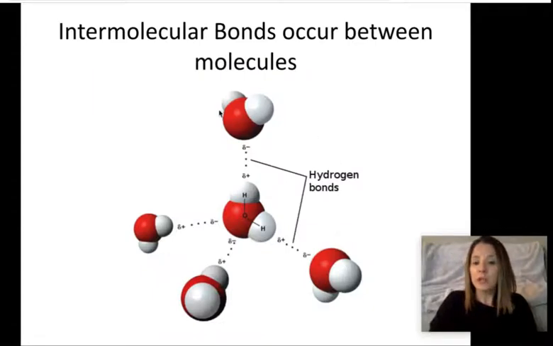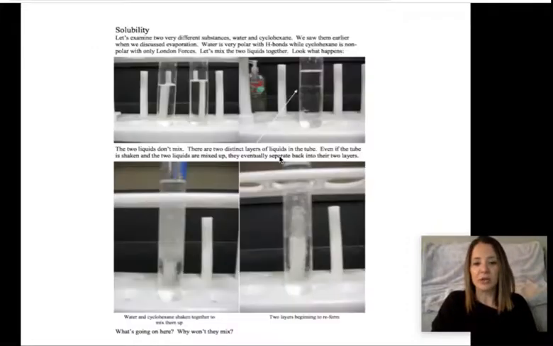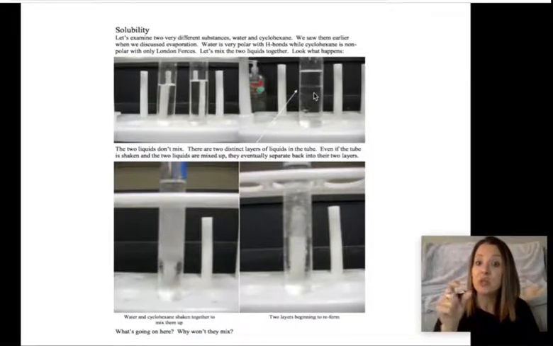So, water molecules are polar molecules, but if another water molecule is attracted to another water molecule or to a solute particle, the attraction between is called an intermolecular bond. When we take a look at this example here, if you have two liquid layers that do not mix, it's because of the intermolecular attraction between the solute and the solvent.